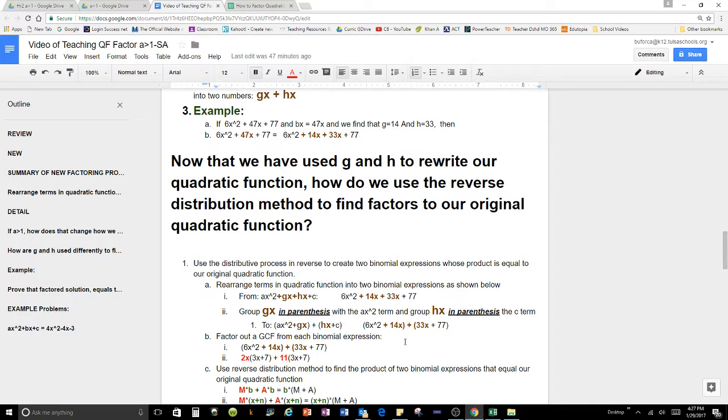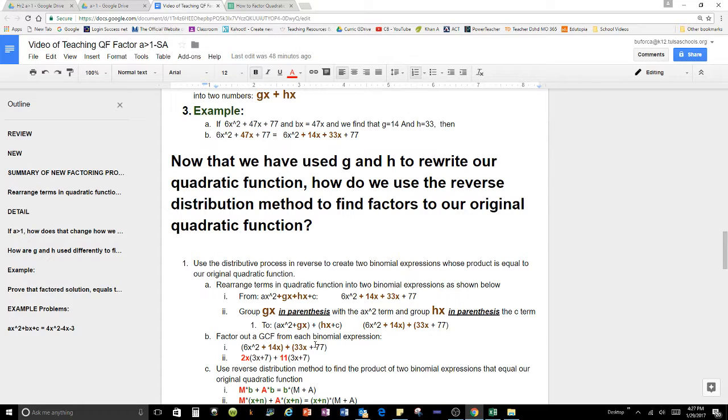So we bring those down here so that you can see that. We have 6x squared plus 14x, that's our first binomial expression, and then we have 33x plus 77.